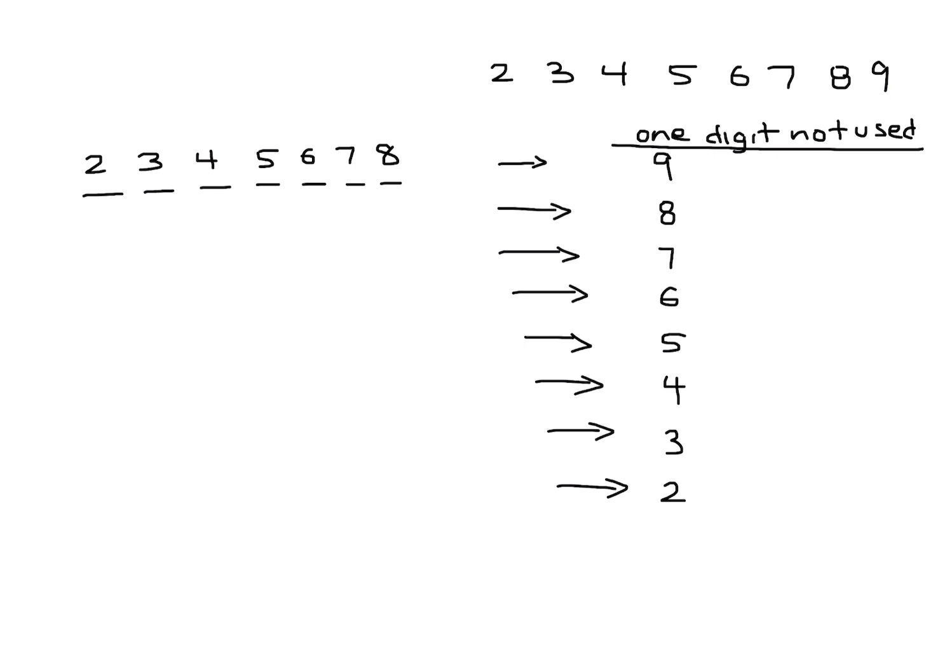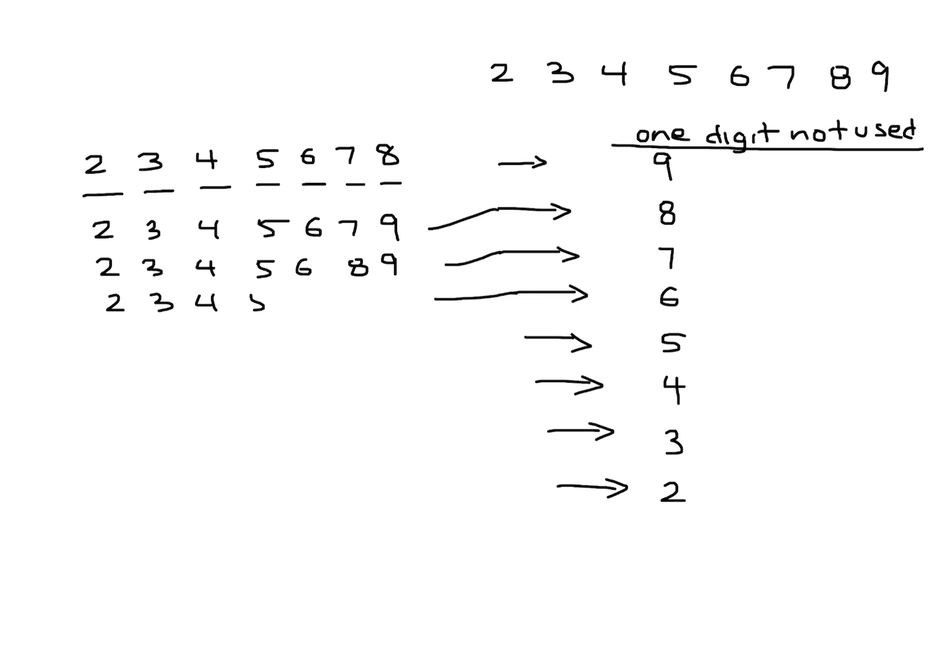So if I don't use an 8, my number will be 2, 3, 4, 5, 6, 7, and 9. Correct? And that is in increasing order. If I don't use a 7, it'll be 2, 3, 4, 5, 6, 8, 9. If I don't use a 6, 2, 3, 4, 5, 7, 8, 9.